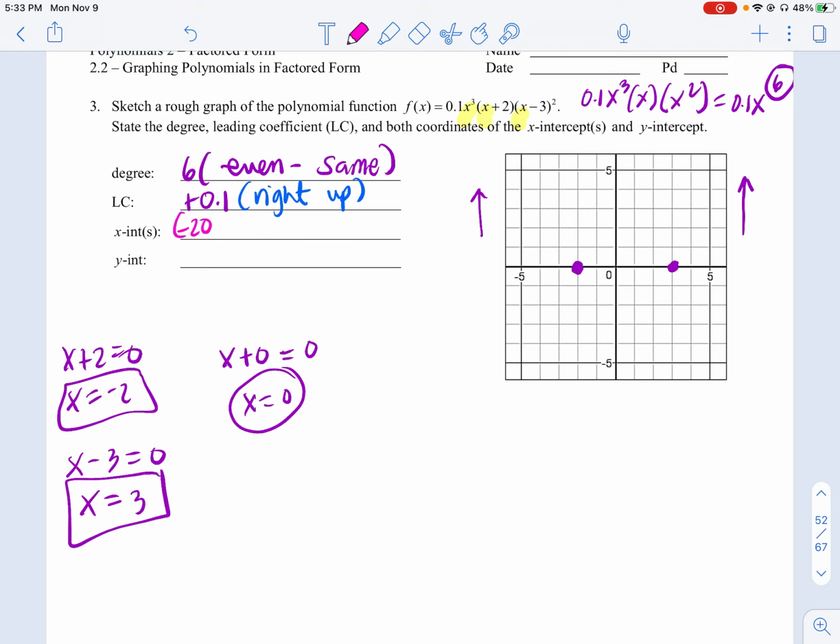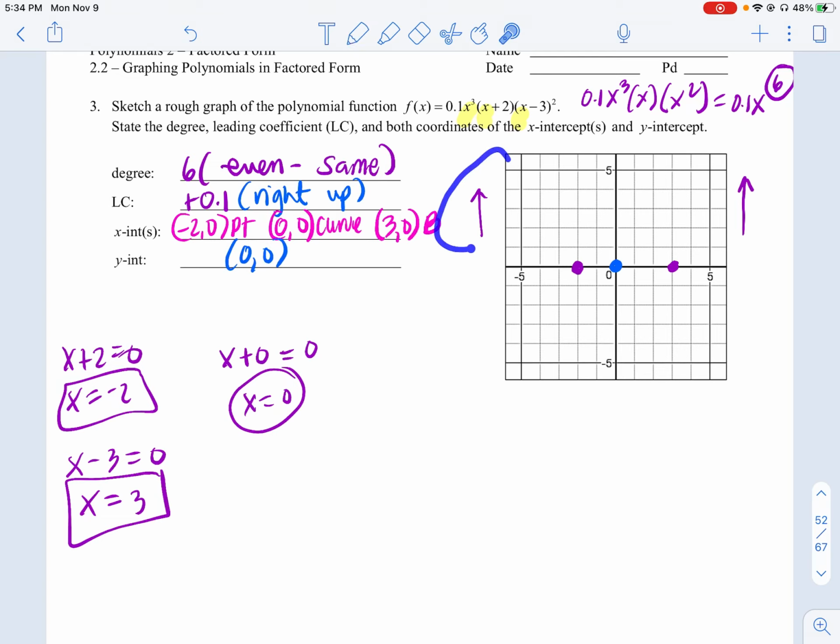It is just a passing through, PT. Then for 0 comma 0, because the power is 3, that's going to be a curve. And for 3 comma 0, that is going to be bouncing. And of course my y-intercept is 0 comma 0, so I have a point right there. My y-intercept and my x-intercept are at the same point, at the origin.